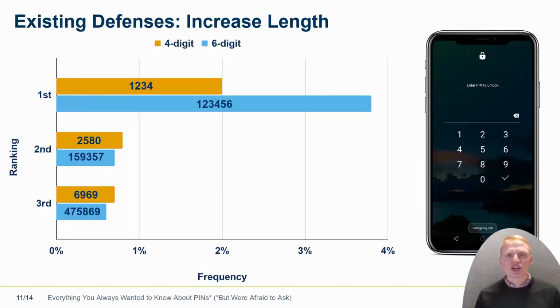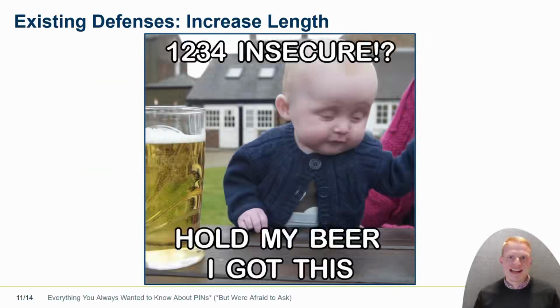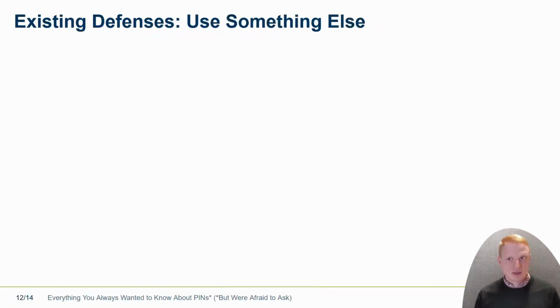So just increasing the length, from the developer's or manufacturer's perspective, is not always that easy. So yes, 1, 2, 3, 4 might be insecure, but there are even more insecure choices. All right, so increasing the PIN length does work to a certain extent, not in all cases though.